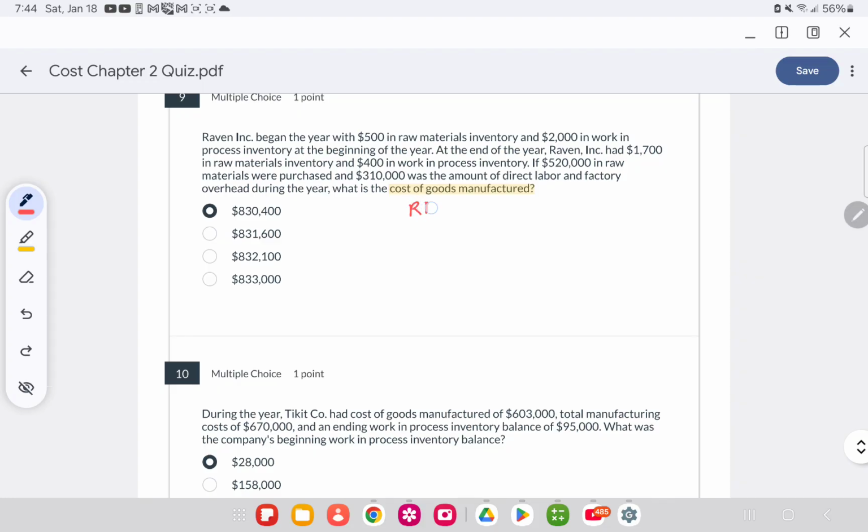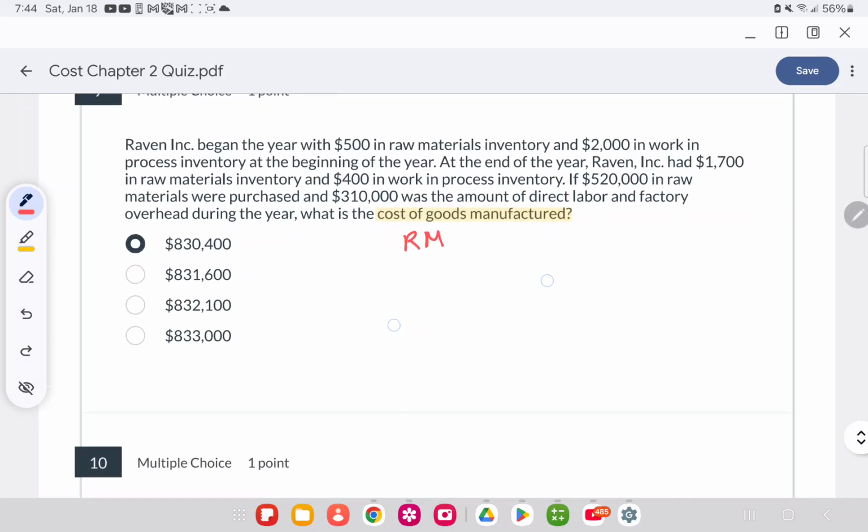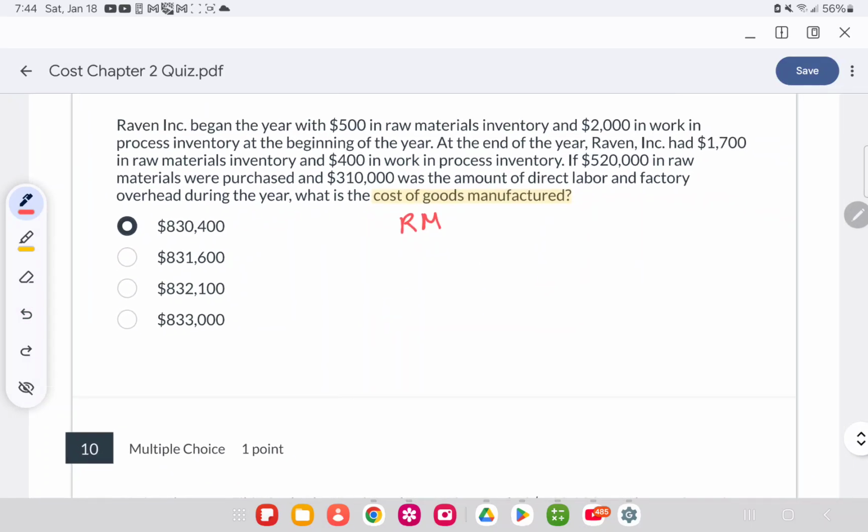So for raw materials, I'll zoom in for a bit. Raw materials, WIP, finished goods. Let's start with beginning.